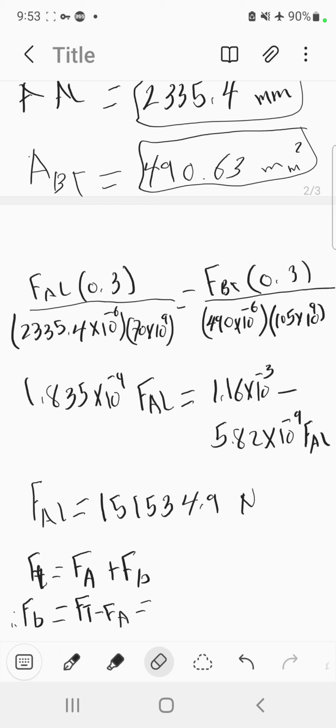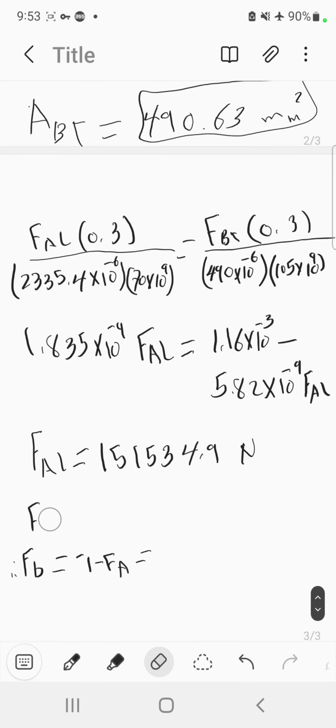Sorry guys, we don't actually need to find FB because we need the sigma.